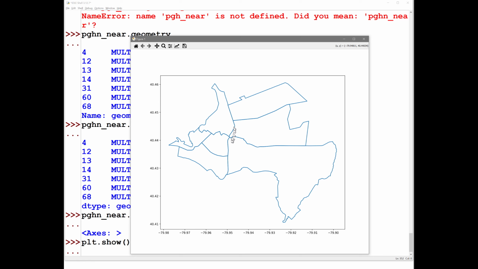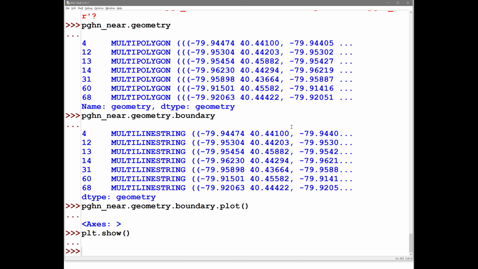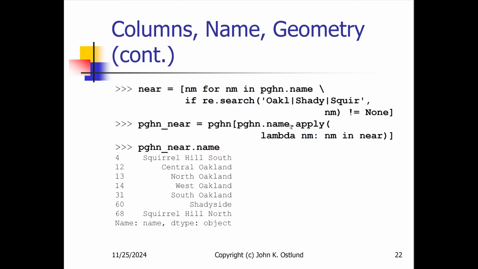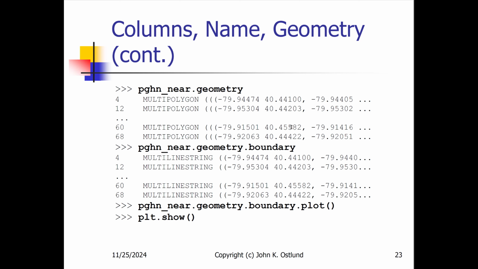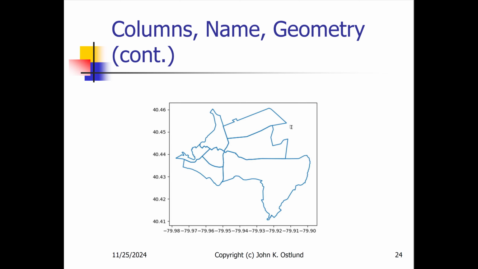It's just right on the border of Oakland. So that's pretty slick. Next up, okay, so there we have our outline of the 7 nearby neighborhoods near Carnegie Mellon.